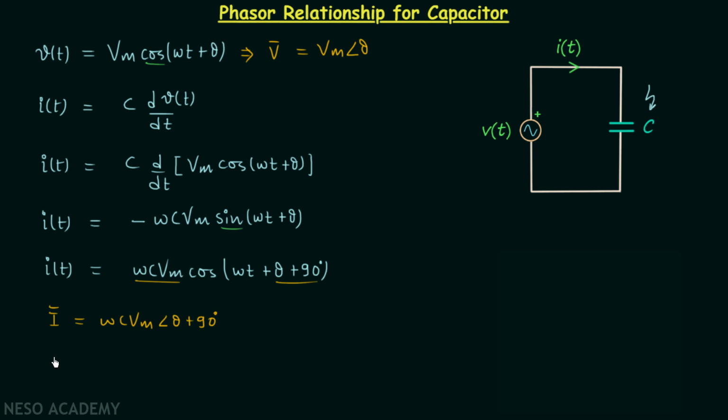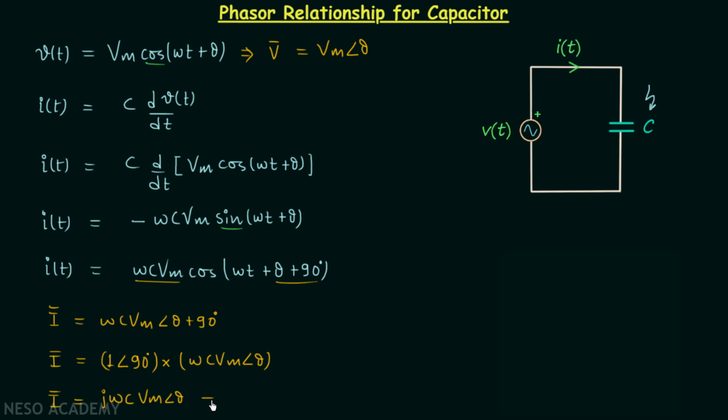Or we can write I phasor equal to 1 angle 90 degrees multiplied to omega C Vm angle theta, and we know 1 angle 90 degrees is equal to complex number j, and therefore I phasor is equal to j omega C Vm angle theta, and Vm angle theta is equal to V phasor.